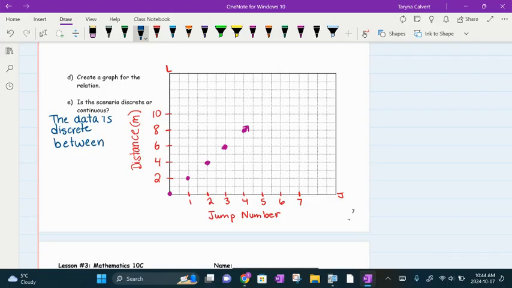Whole. Exactly. So the wording of the problem makes it for sure discrete, because they're not measuring any half jumps or quarter jumps. So once he doesn't make a 2-meter jump, it's not measured anymore. He's done.